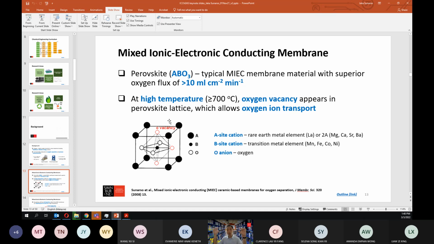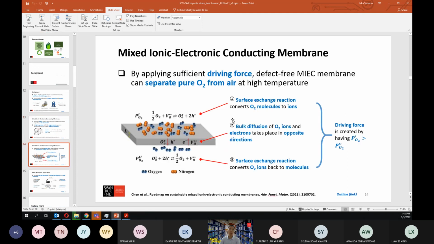Then the oxygen at that high temperature can move through the membrane lattice and diffuse to the other side. So what you will have is only pure oxygen diffusion through the membrane, from the feed side into the permeate side. This is in essence what is happening at high temperature.